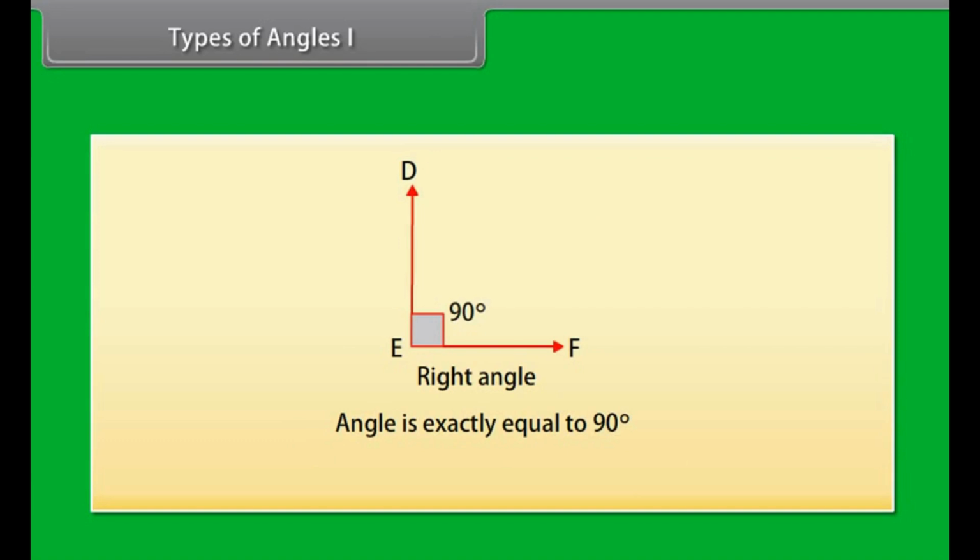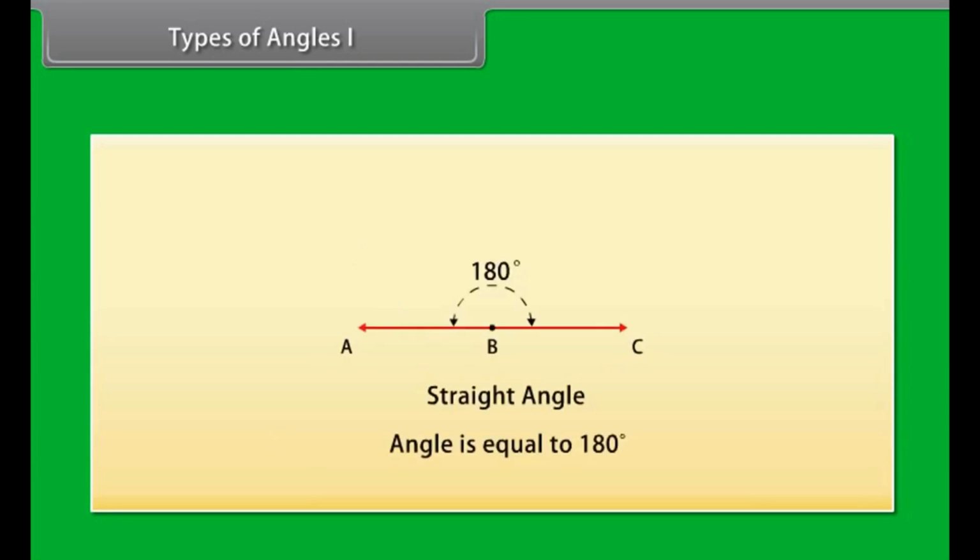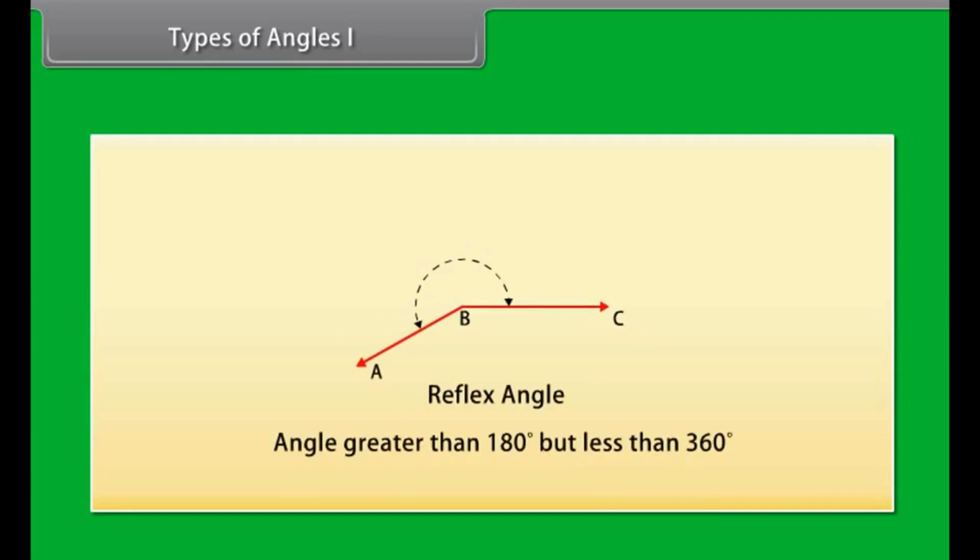A right angle is exactly equal to 90 degree. And an angle greater than 90 degree but less than 180 degree is called an obtuse angle. Also, a straight angle is equal to 180 degrees. And an angle which is greater than 180 degrees but less than 360 degree is called a reflex angle.